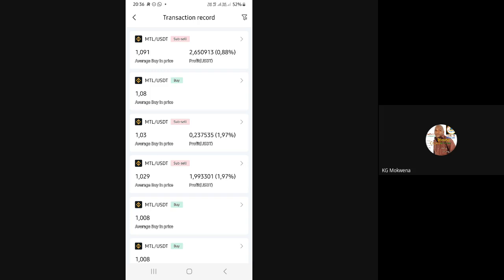Because if you place a take profit of 0.3, it's possible that the market can slip into the negative, and that is what they are trying to avoid. So as a result, $2.65 was generated, 2.650913. We know with crypto, it's divisible to many decimal places after the comma.